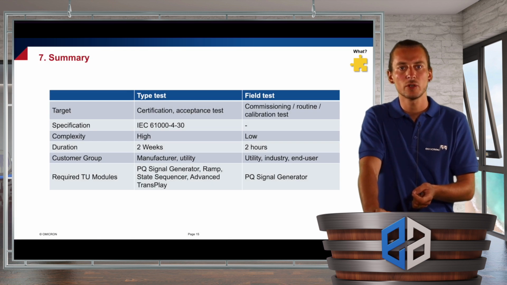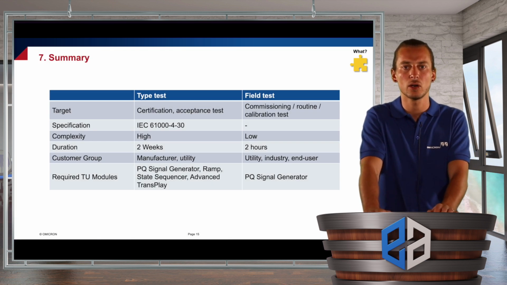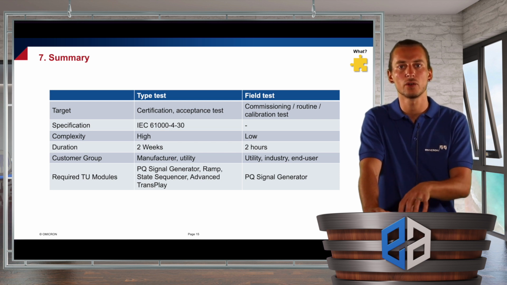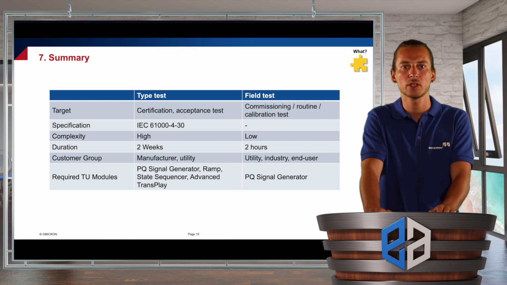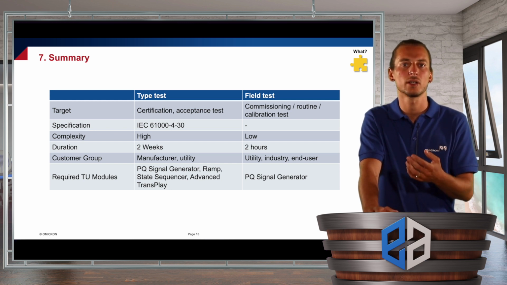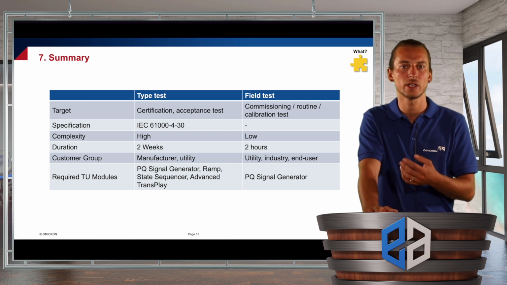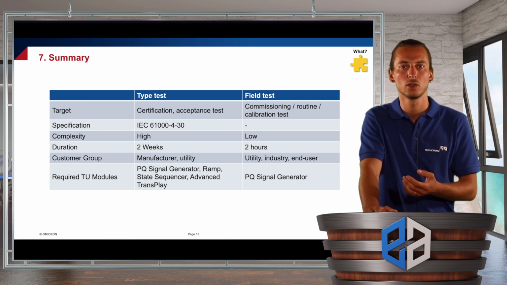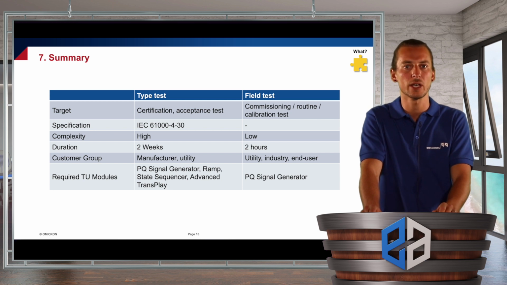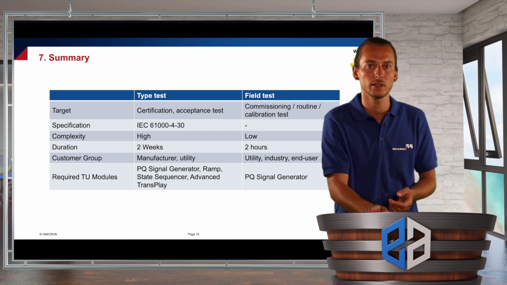To have a short summary, when it comes to testing of power quality analyzers, you can either do a type test or a field test. The type test has a target to do a certification or an acceptance test, which is also standardized in the IEC 61430, which has a high complexity and a very long duration. It is mostly done by manufacturers or very big utilities.